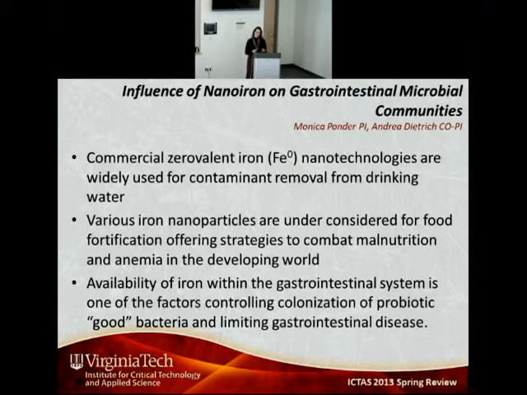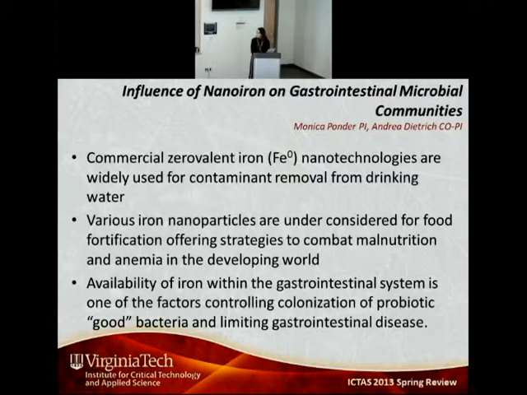So what we have done in just the couple of months that we've had this funding is trying to understand the effect of the nanoiron in all of its valence states, either nanozerovalent iron or different iron oxides, on the human enteric pathogens. So we took a panel of some of the most commonly occurring human enteric pathogens.